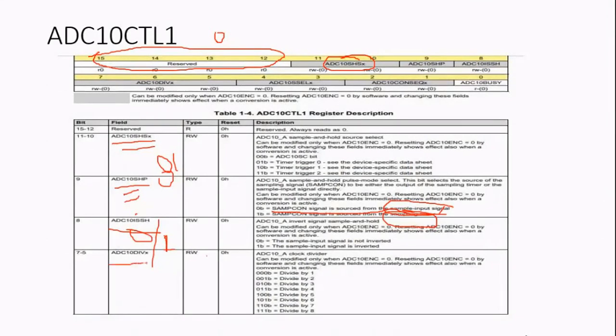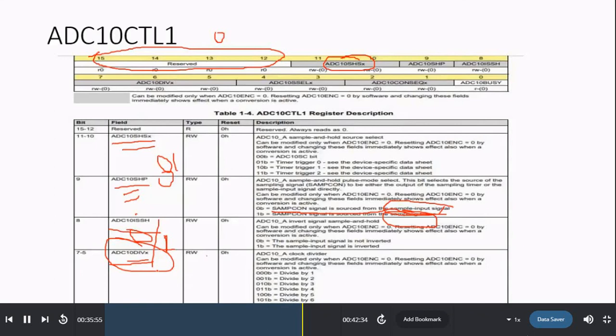Come to the ADC 10 DIVX bit. This bit is controlling the dividers. I already told you, there are divisions from 1 to 8 available. When you select a clock from the clock source, this clock will be fed to the divider. ADC 10 DIVX selects which factor you are going to divide by.